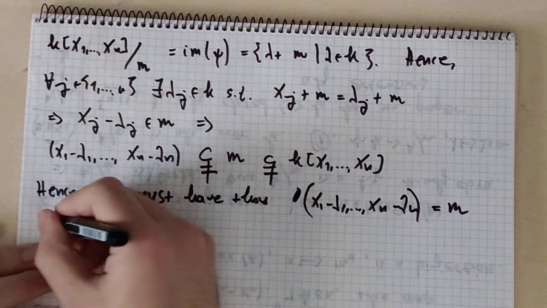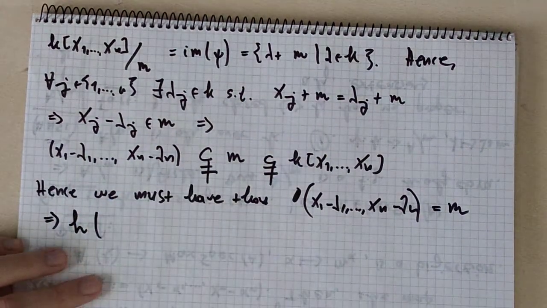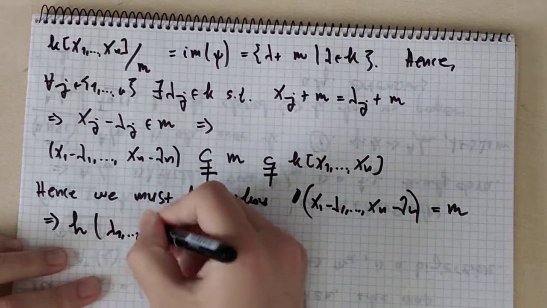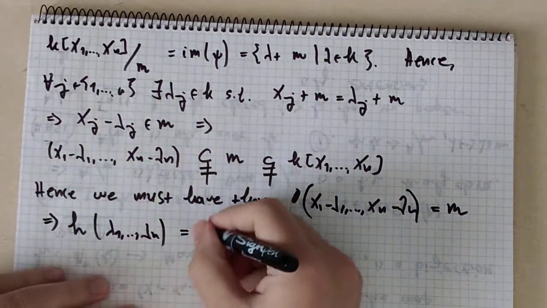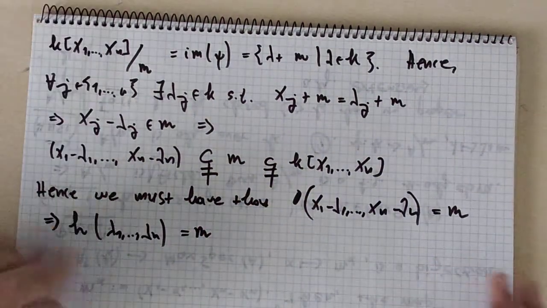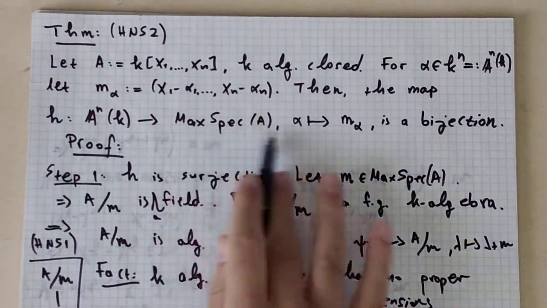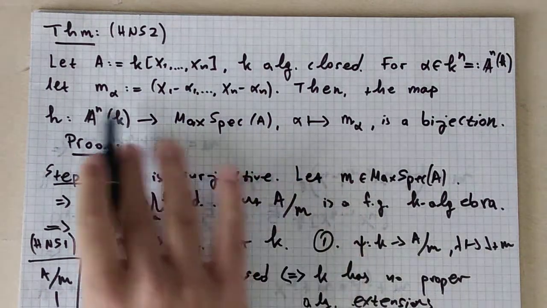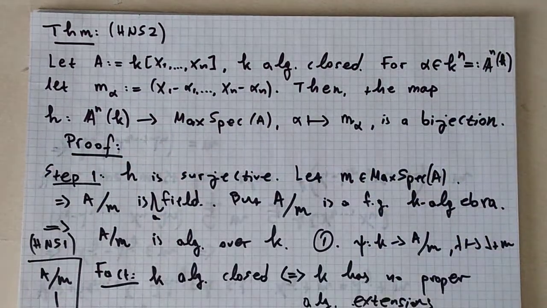And this finishes the first step, because we just showed that if we consider the n-tuple lambda 1, ..., lambda n, and we map it through H, then this is going to give us M, right? So we proved that if I start with an arbitrary element in here, a maximal ideal, then I can find an n-tuple in here such that H of that tuple is going to be the ideal M, right?